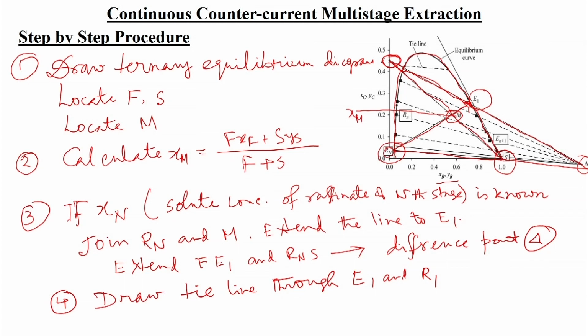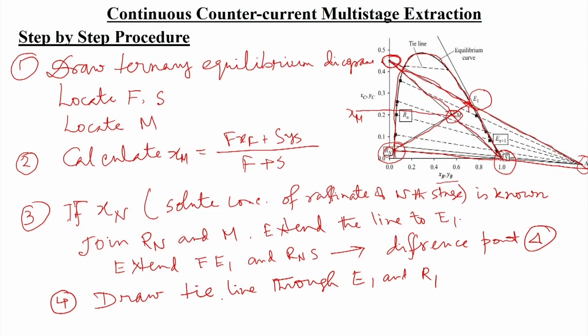We will be doing this one. So, we have now this E 1, and if we get this tie line, we will be getting R 1.